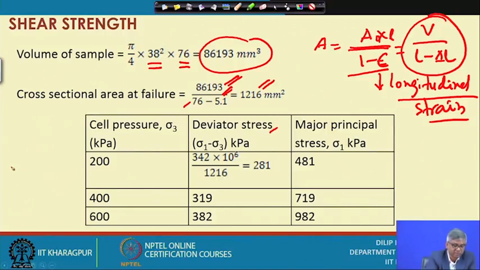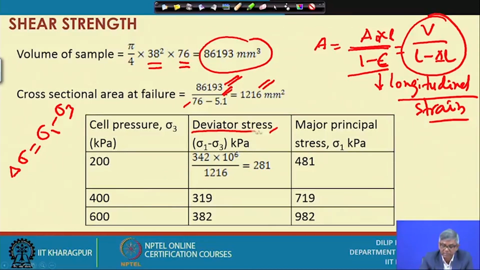which is delta sigma, the deviator stress, nothing but sigma 1 minus sigma 3. This deviator stress we sometimes denote by different names.